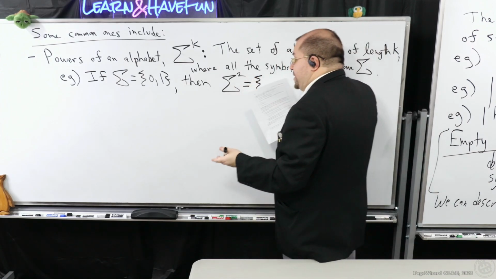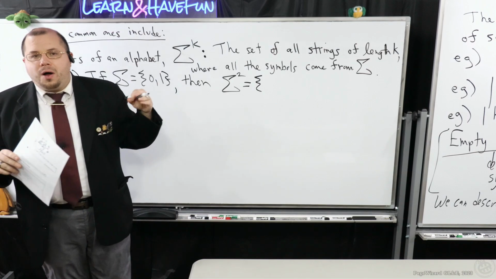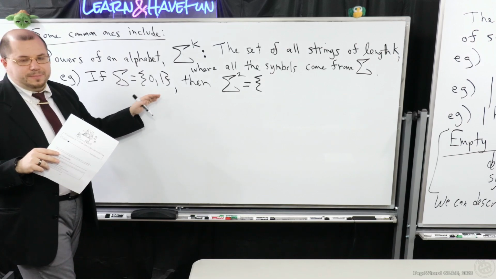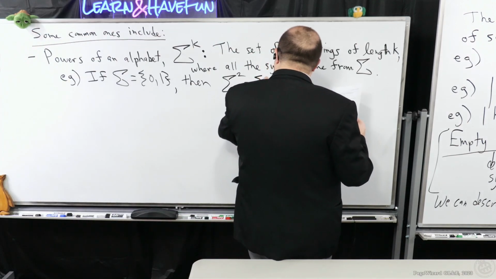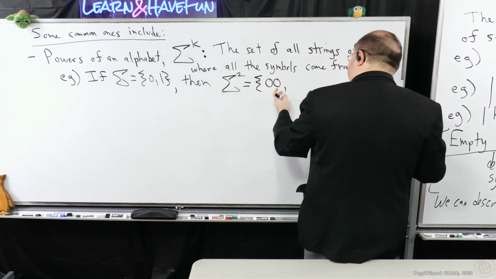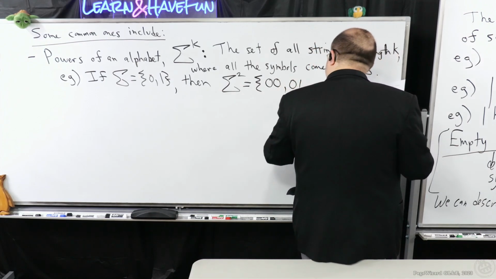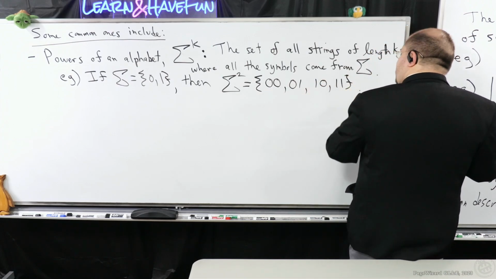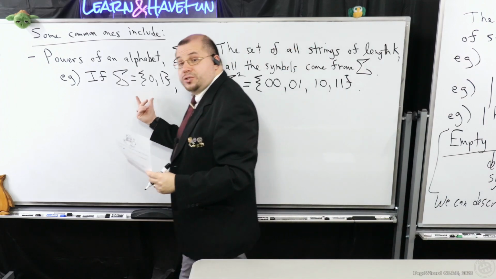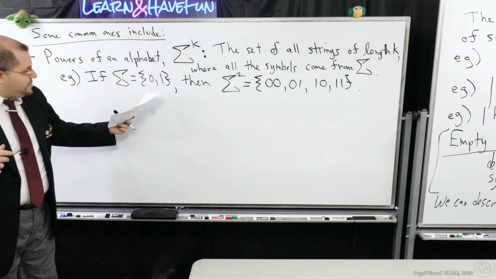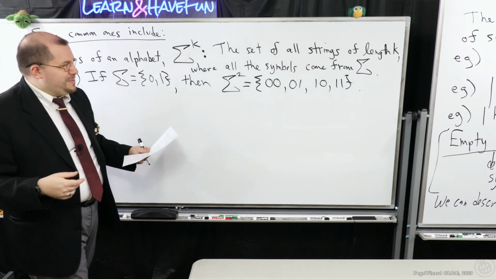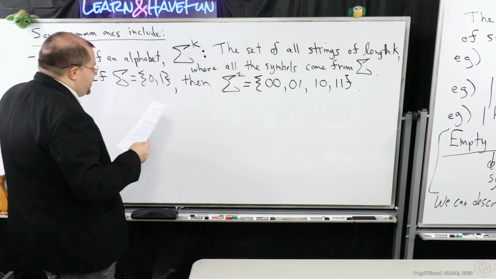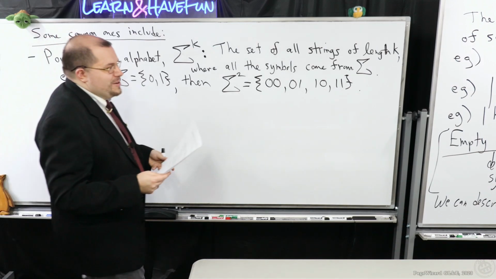So what you do is you simply take the symbols and write out all possible strings of length 2 using these two symbols. For example, I can use 0 and I can use 0 again. There's a string. I can write 0, 1. I can write 1, 0. And I can write 1, 1, right? These are all strings of length 2 using these two symbols. So it can be all zeros, it can be all ones, it can be a mix between the two. So that's, for example, sigma squared. So yes, you can square the binary alphabet.